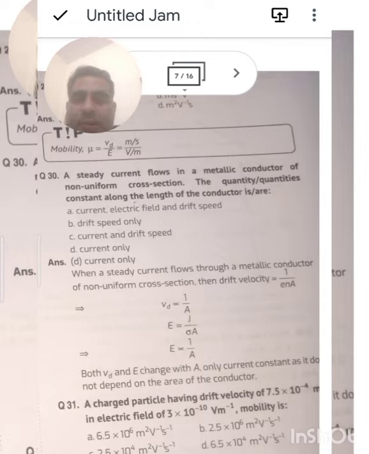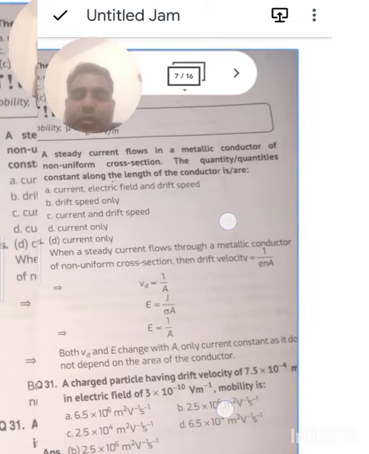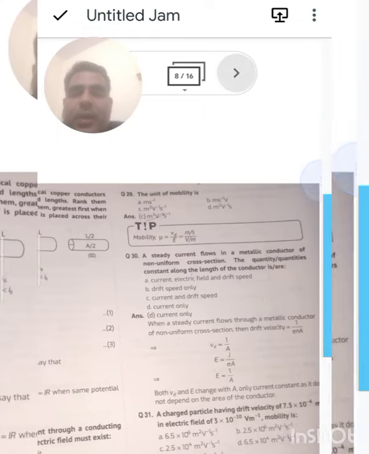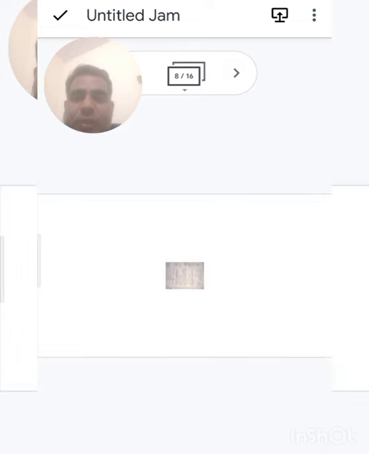The answer is the current, only when a steady current flows through the metallic wire. Drift velocity is equal to I upon n e A, so Vd is inversely proportional to A, and E is equal to sigma A, so E is also inversely proportional to A. Both Vd and E change with A, only the current does not depend upon the area of the conductor. After this we have the next one.